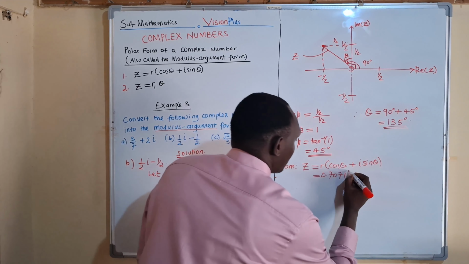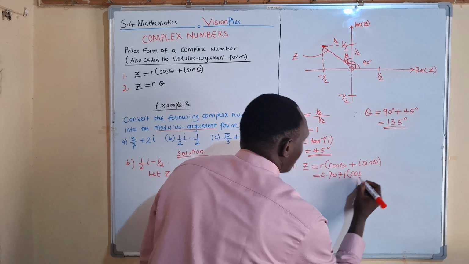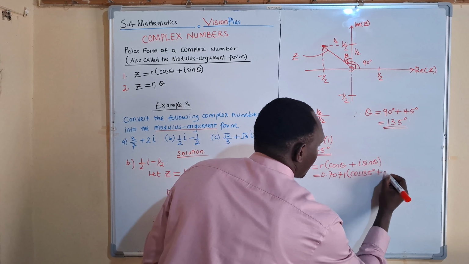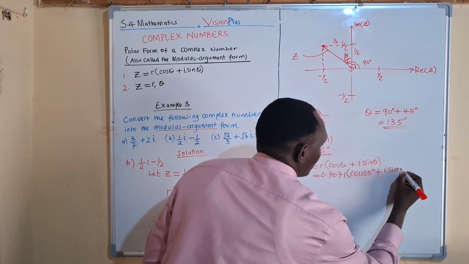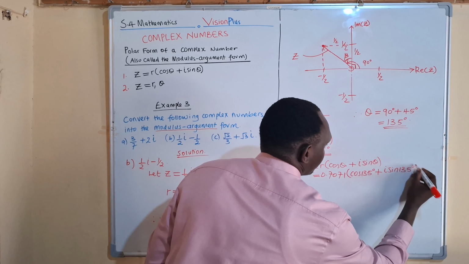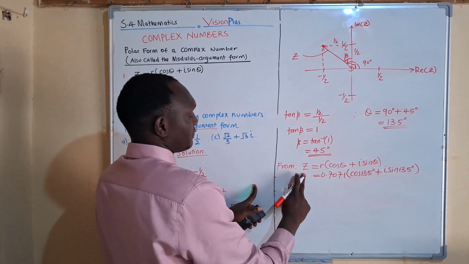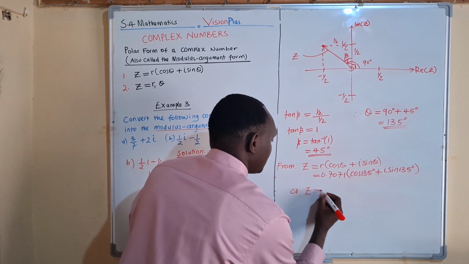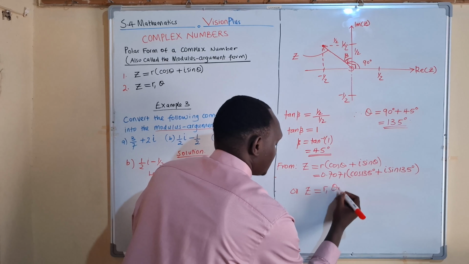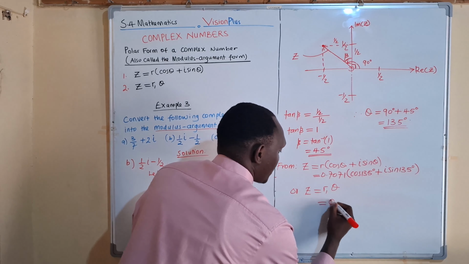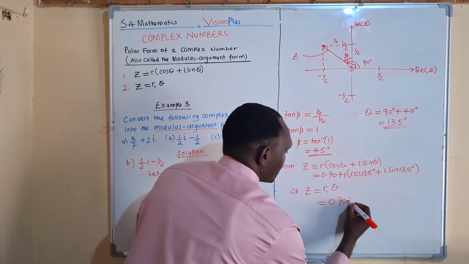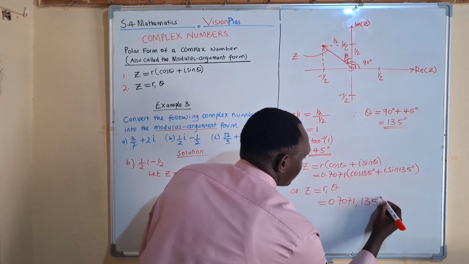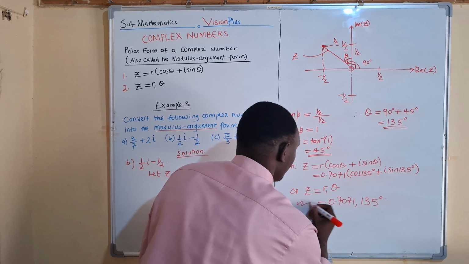Yes, into cosine of the angle 135 degrees plus i sine of the same angle 135 degrees. This is the answer for the polar form. Or you can use the other form and say z is given by (r, theta). This means that our r is 0.7071, comma, what is our angle? It is 135 degrees. This is also correct.